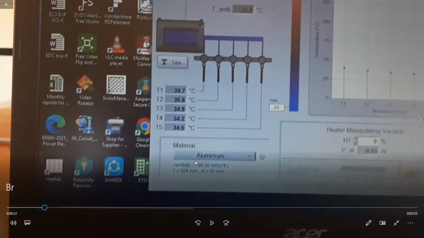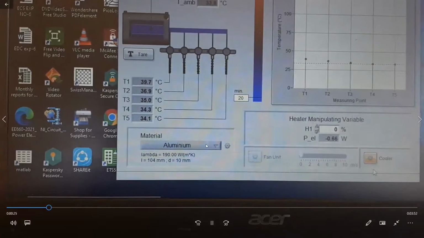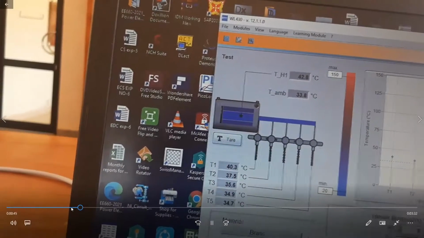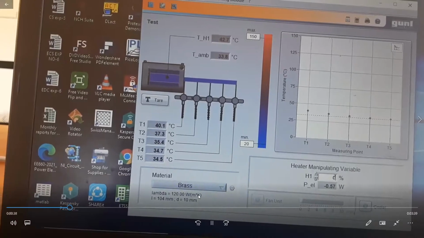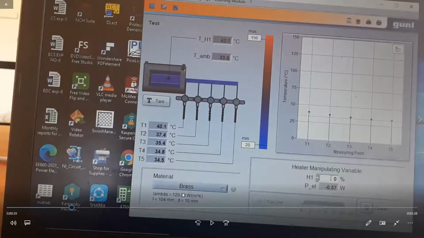Then brass is lower than this 190. We have to change the material length. You can say this 120 is very low thermal conductivity. That means it has very high thermal resistance. That's why it has low thermal conductivity.